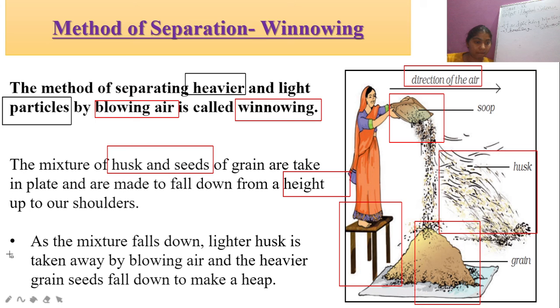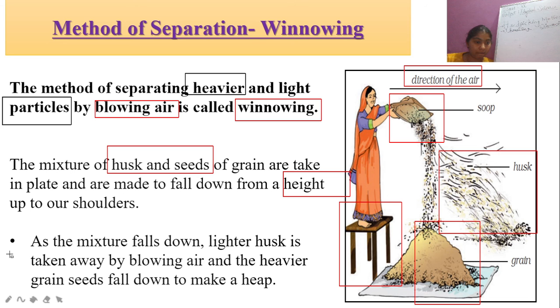So students, now you have to tell me the difference between threshing and winnowing. What do we think for threshing? Threshing can be done manually, and with the help of a machine also.